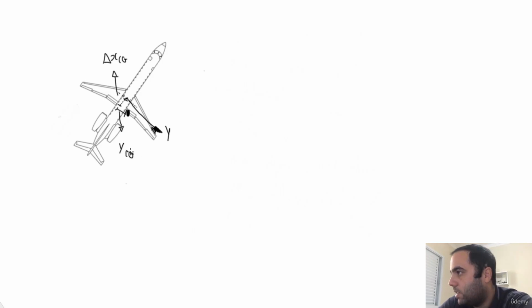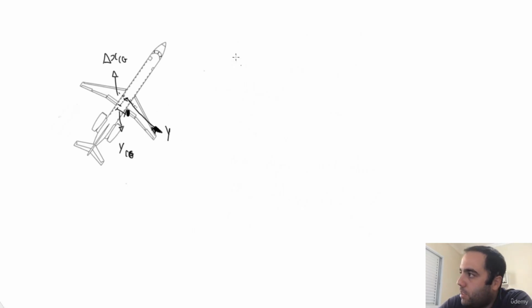Okay, so now we have our 25% chord line here, and we have our Y force here. And for instance, let's say we put the CG here, just for an exaggeration. So here I'll have the delta x CG as we just saw, and here I'll have the YCG.